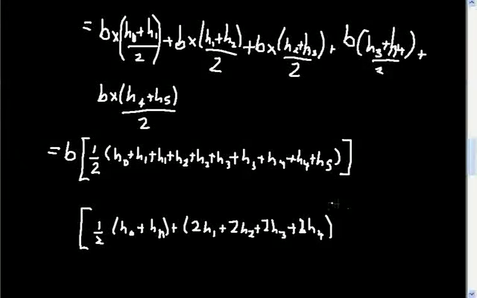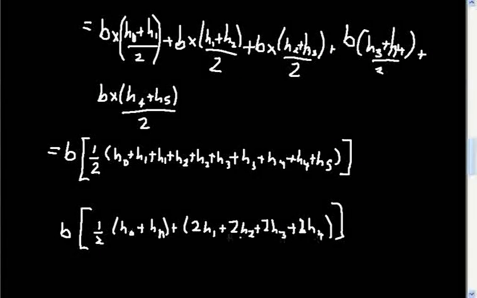All of this is now multiplied by b, and remember this half is actually multiplying this whole lot here.